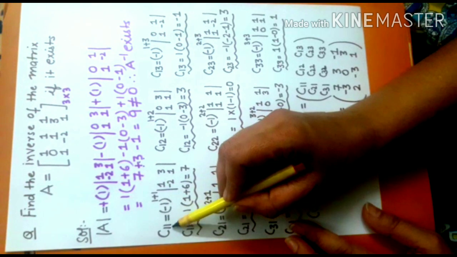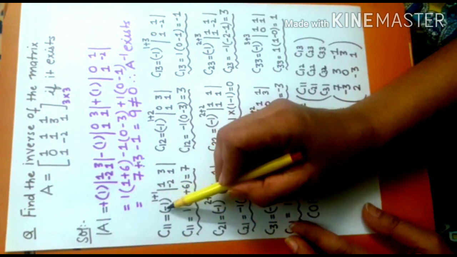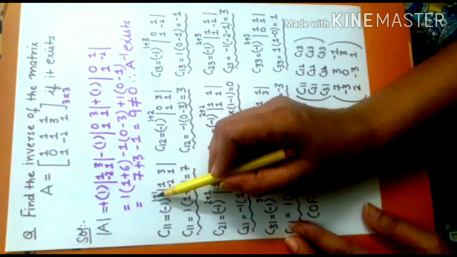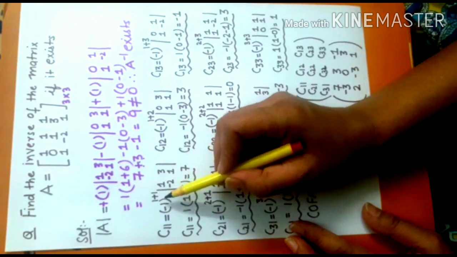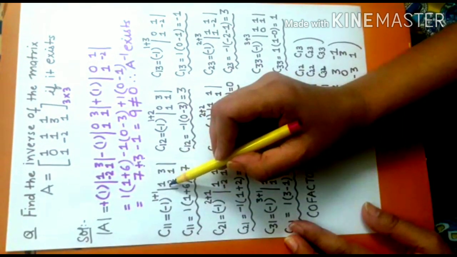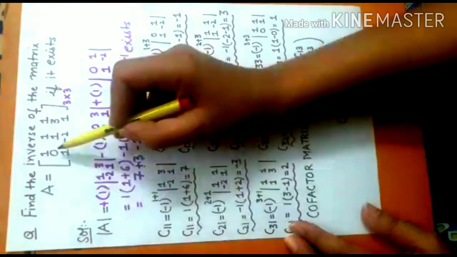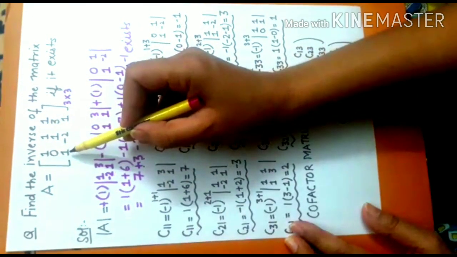Here i is 1, j is 1. So it's minus 1 raised to the power 1 plus 1 into the determinant of the submatrix obtained by deleting the first row and the first column.